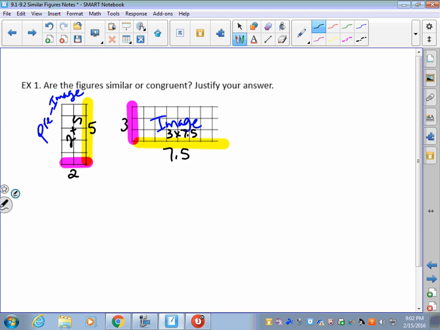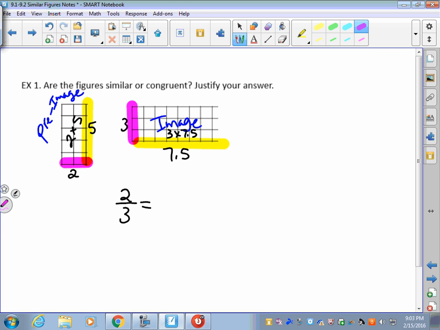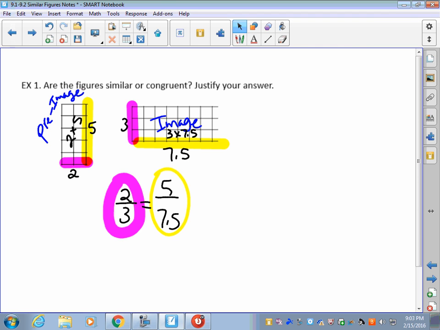So we got the 2/3. Those are the two parts that go together, and that was our purple or pink, however you want to call it, right here. The 2/3 corresponds with 5 and 7.5. Alright, so there are 2 ways I can do this: look at my simplified ratio or decimal, or look at the cross product.